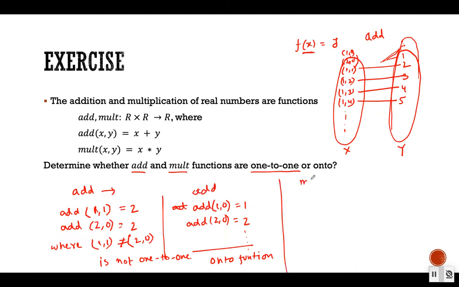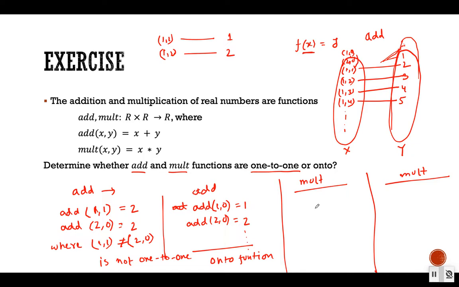Now let's find out multiplication. Is it one to one or is it onto? Multiplication will simply generate the product, so (1, 1) will generate 1, (1, 2) will generate 2, like that. To see whether it is one to one, we have to find out whether any two different inputs generate the same output.